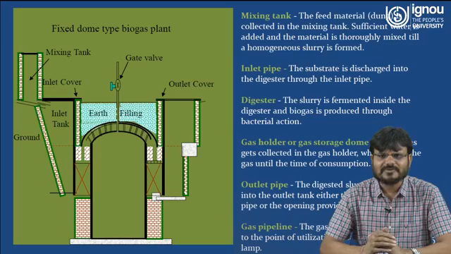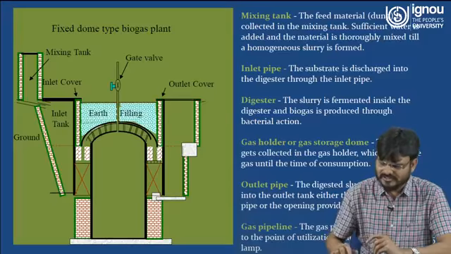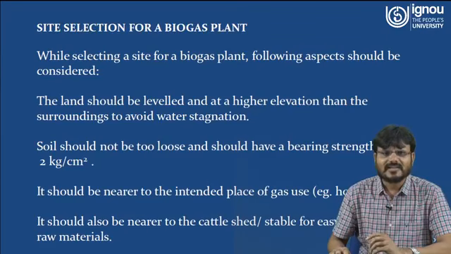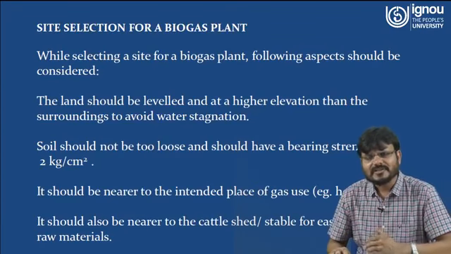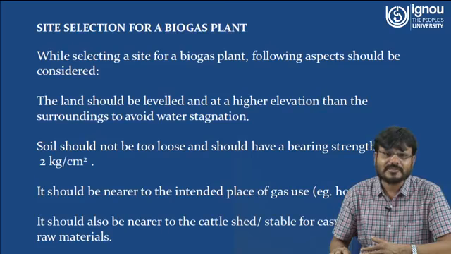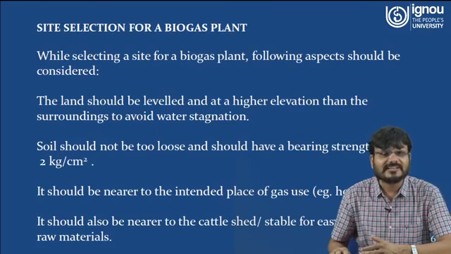The outlet pipe is used to discharge digested slurry into the outlet tank, either through the outlet pipe or the opening provided in the digester. The gas pipeline carries the gas to the point of utilization, such as a stove or lamp.